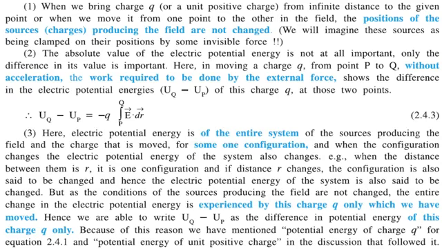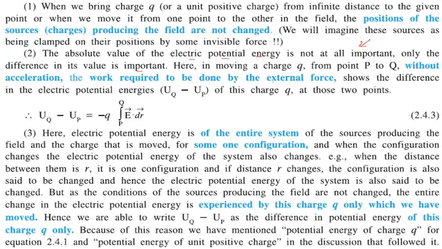The absolute value, meaning the magnitude, of the electric potential energy is not at all important, only the difference in its value is important. As we saw with electric potential, we are interested in potential difference, not in potential at some point. So this is not important here also.